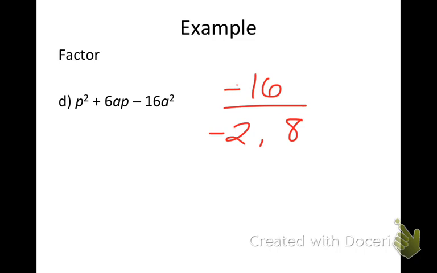So if you just ignore the a for right now, if this would be a p minus 2, leave some space there, and a p plus 8, leave a little bit of space behind it. But I need to get an a involved. My last term needs to multiply to a negative 16a squared. So what do I need to add to my negative 2 and my 8?